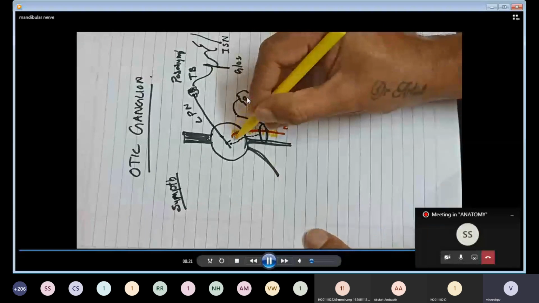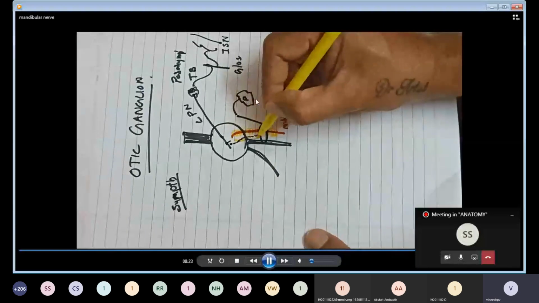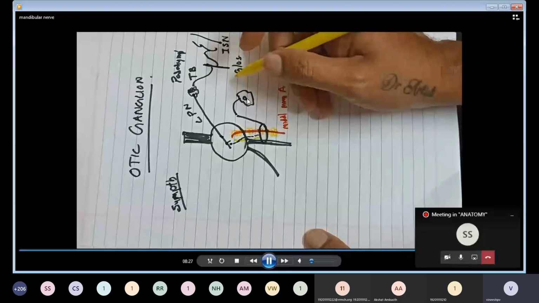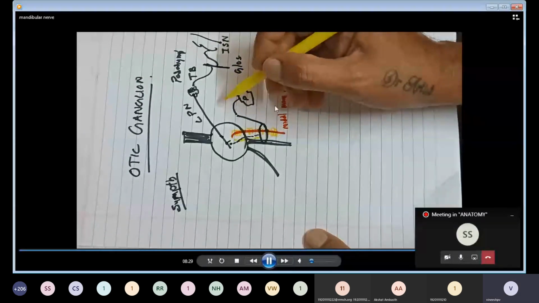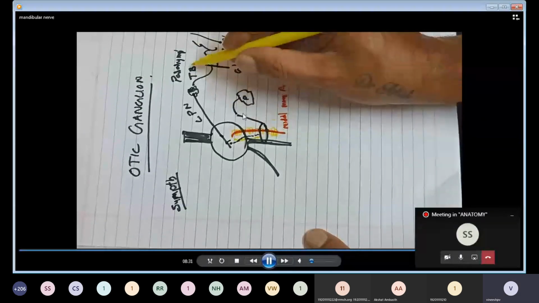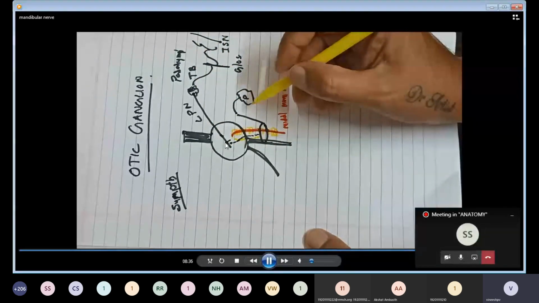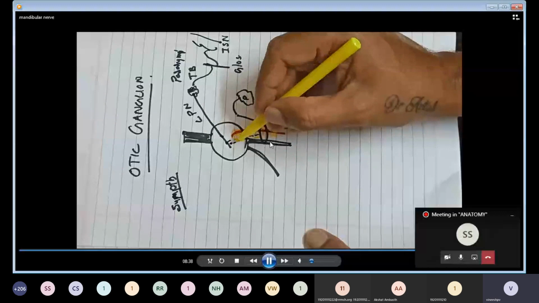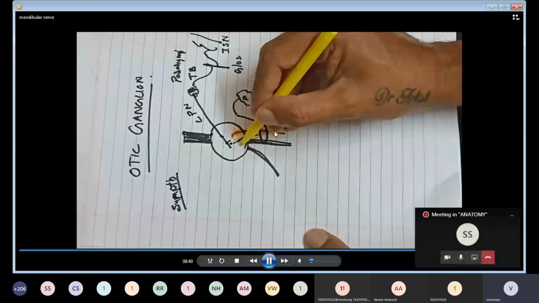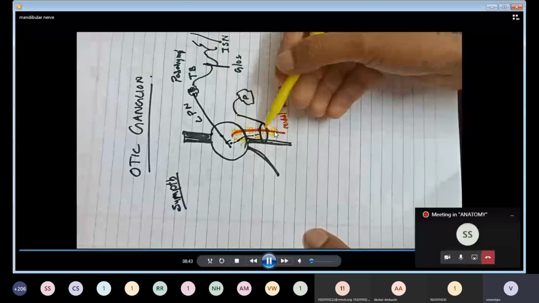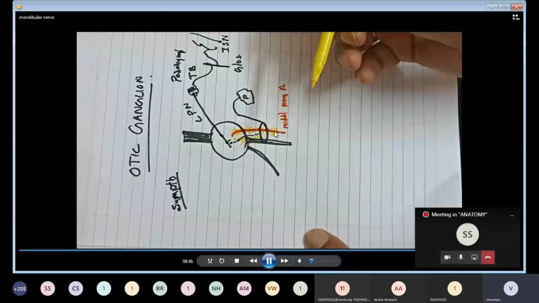And sensory fibers come out directly through the auriculotemporal nerve. That is the sensory branch.